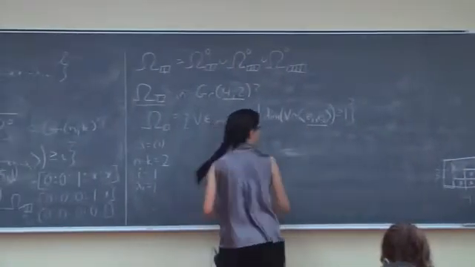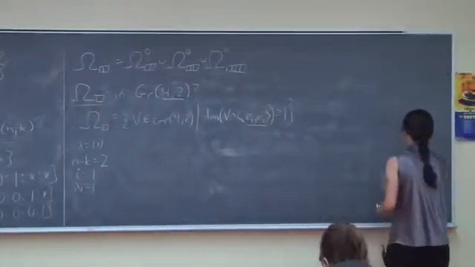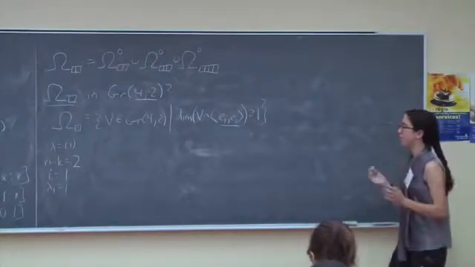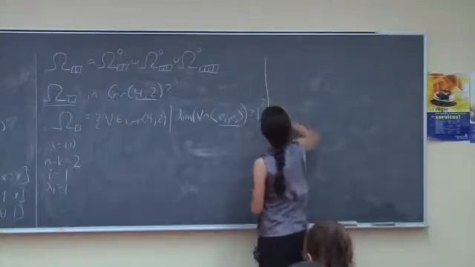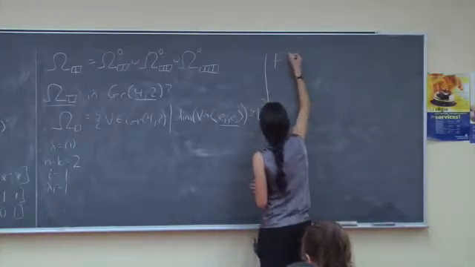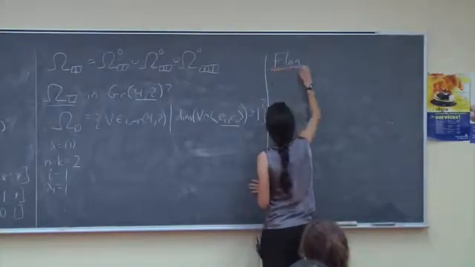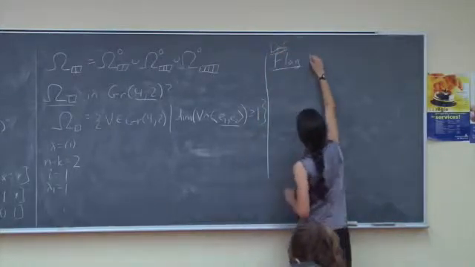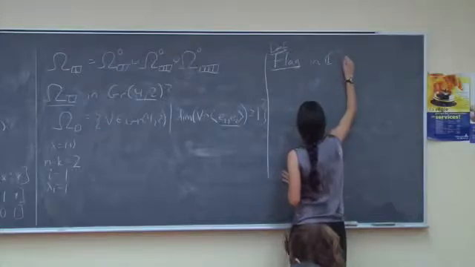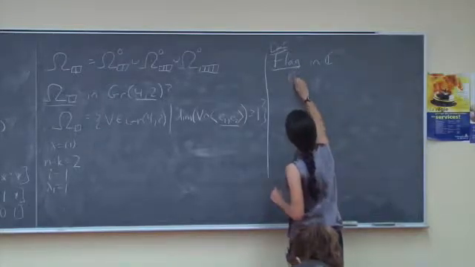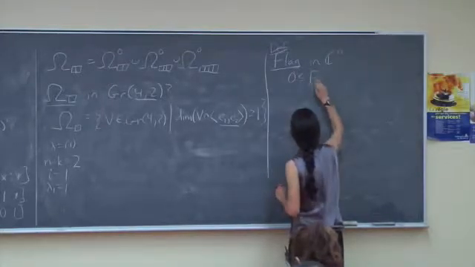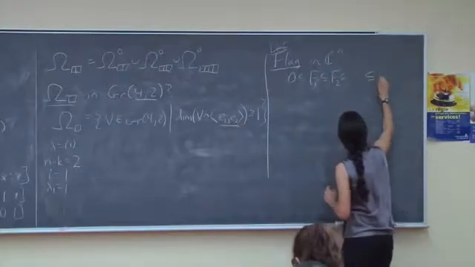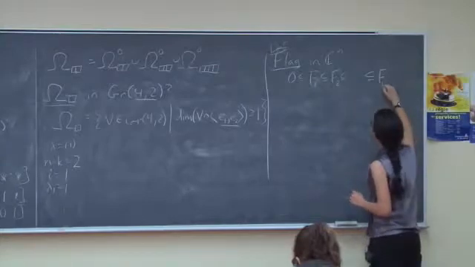So for this, we need what's called a choice of a flag. So it's not just a change of basis. What we really want is a chain of subspaces. So here's the definition. A complete flag in Cn is a chain of subspaces that are all contained in each other.